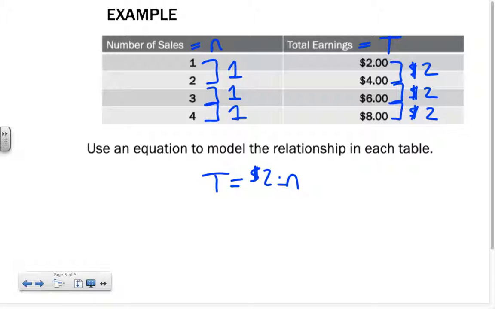So T equals $2 times N. And this is perfect. We can even use this to check our work. Let's say we got 4 sales. Plug it in. T is equal to $2 times 4. T is equal to $8. Our total earnings, perfect, $8.